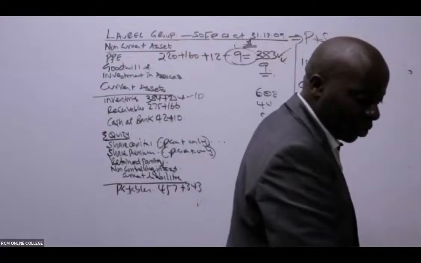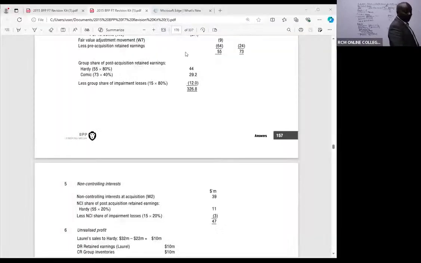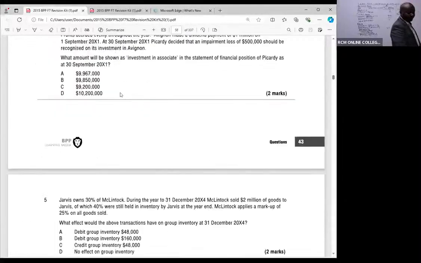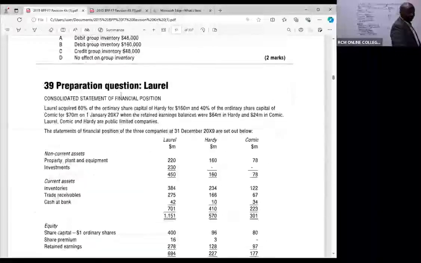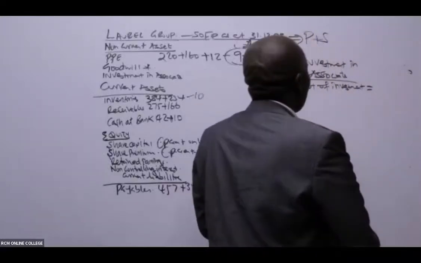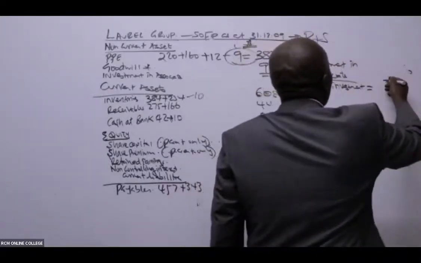This associate called Comic, we paid something there. 40% of the ordinary share capital of Comic for 70 million. So we paid 70 million. That is a fair value at acquisition. Cost of investment is 70.